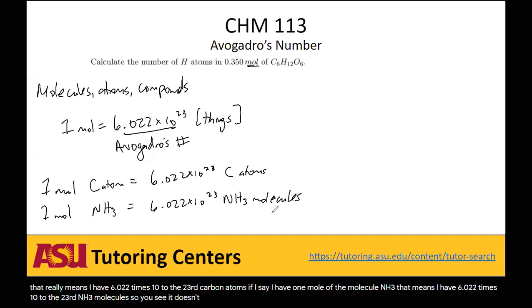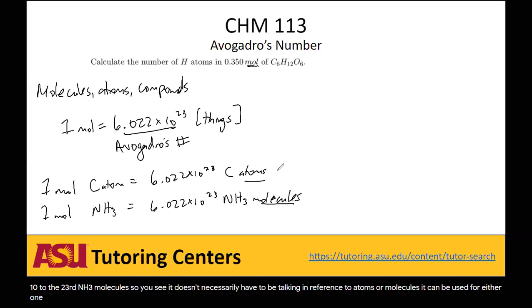So you see, it doesn't necessarily have to be talking in reference to atoms or molecules. It can be used for either one. Really just any sort of microscopic thing that you have, you can describe it in terms of moles, okay?